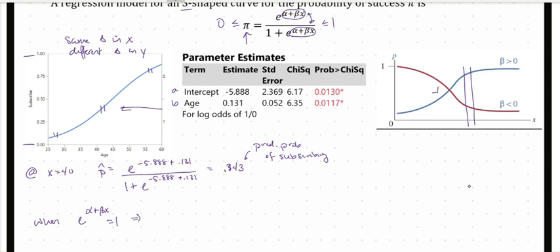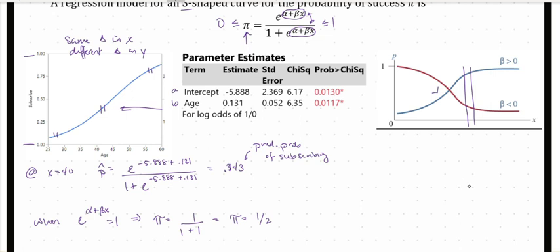That means that pi equals 1 over 1 plus 1, which means my probability of success is 1/2. Cool. So if I can figure out what makes e to the alpha plus beta x equal 1, then I can figure out when I've got a 50-50 chance of success.